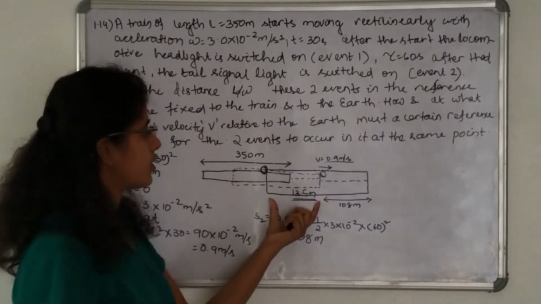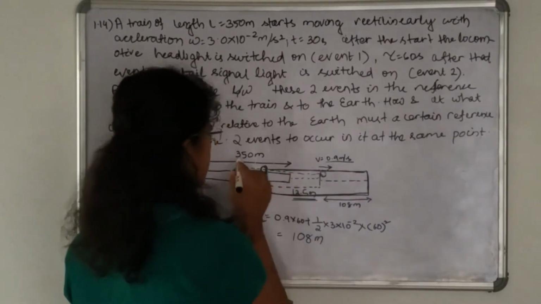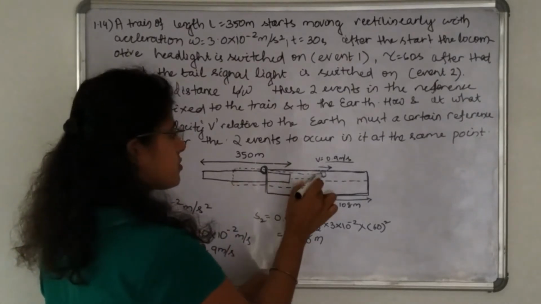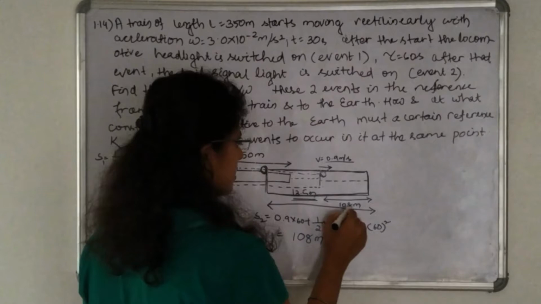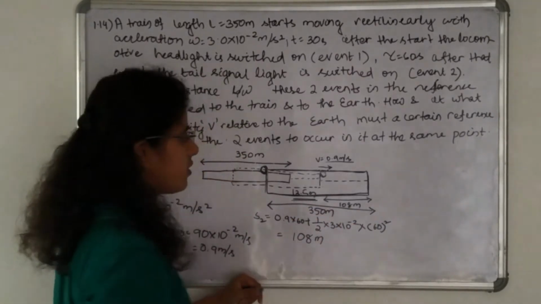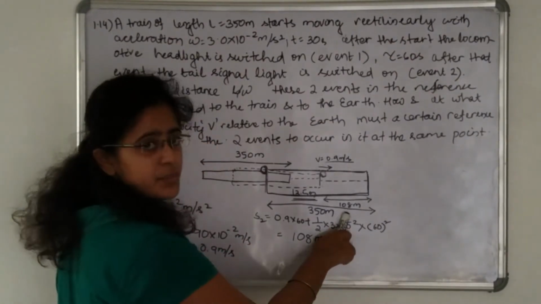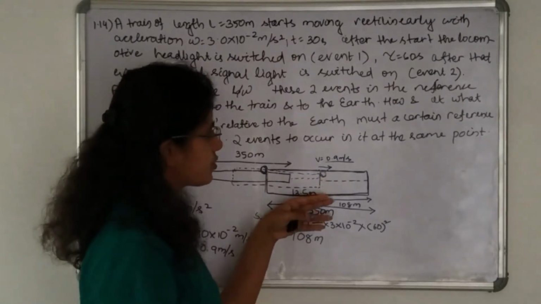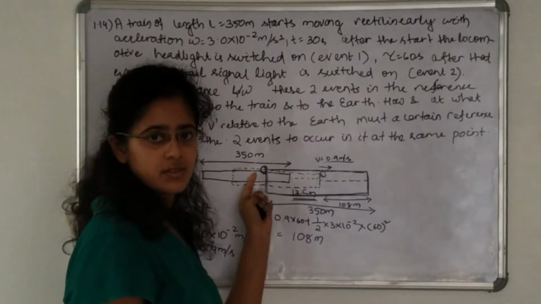So how can we calculate this distance? So here the total length of the train is how much? 350 meter. So here it is 350 meter. Here it also it is 350 meter, and here it also it is 350 meter. So the total length of the train is 350 meter. Okay. So this distance we have calculated, that is 108 meter. After the headlight is switched on, the train has to travel 108 meter to experience the second event.